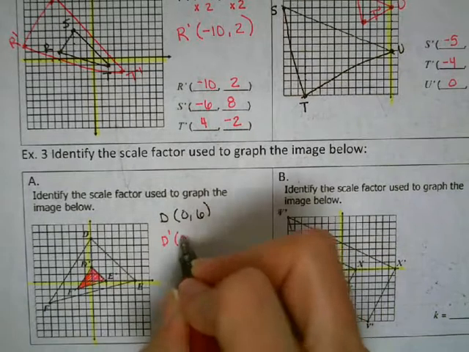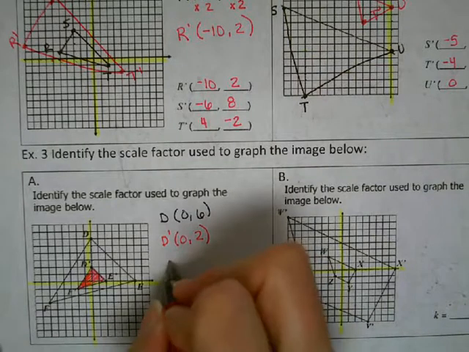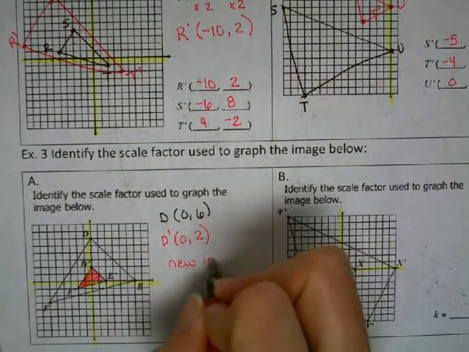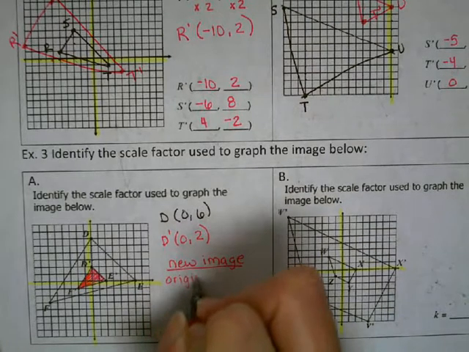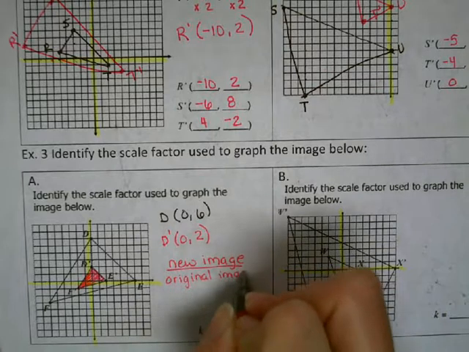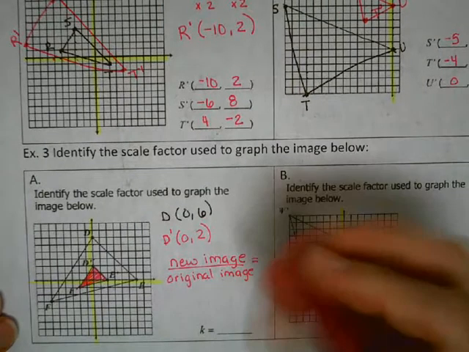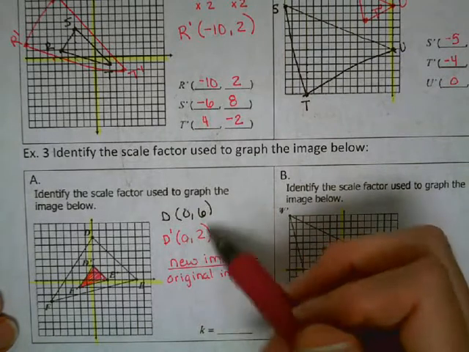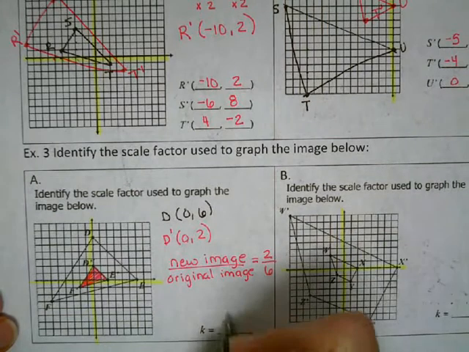So when you want to try and figure out what the scale factor would be, I always try and write it as the new image versus the original. And this fraction would be true for any point you picked. I just picked D. You could pick E, you could pick F, any point you want. So the new image, well, 0 over 0, that's not really going to tell me much, but new image has a point of 2 for the Y and 6 for the original. So 2 over 6 would reduce to 1/3. That picture should be 1/3 the size.